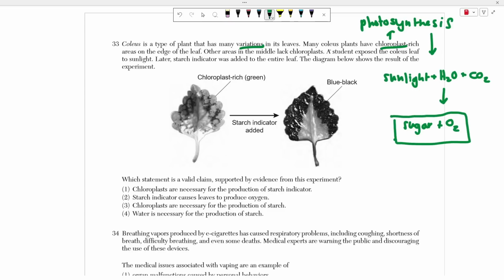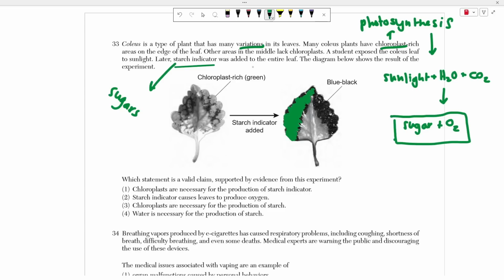So what they do is the student exposed the coleus leaf to sunlight and then put a starch indicator on the entire leaf. A starch is a sugar. Starches are sugars. And a starch indicator pretty much changes color whenever it comes into contact with a sugar. So this leaf was doused or placed inside of the starch indicator, and you can see here that it turned black or changed colors, aka indicating that there is sugar present on the edges of the leaf.